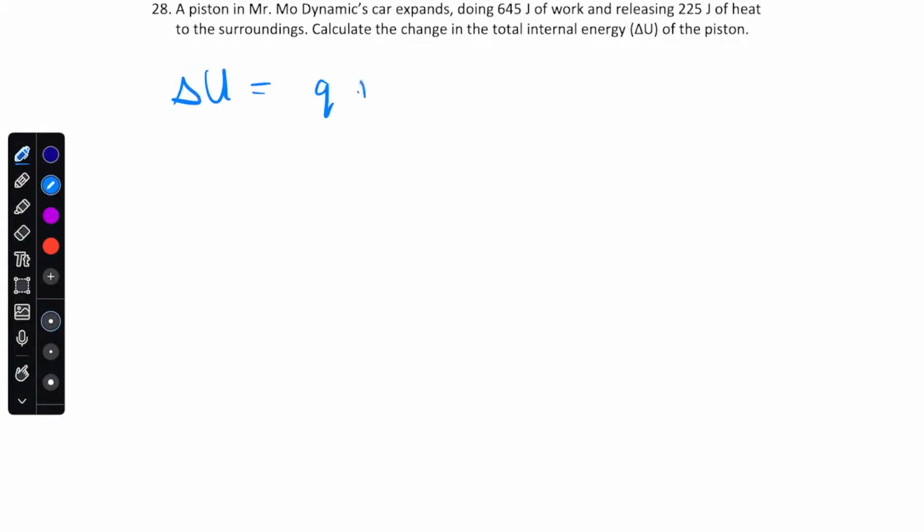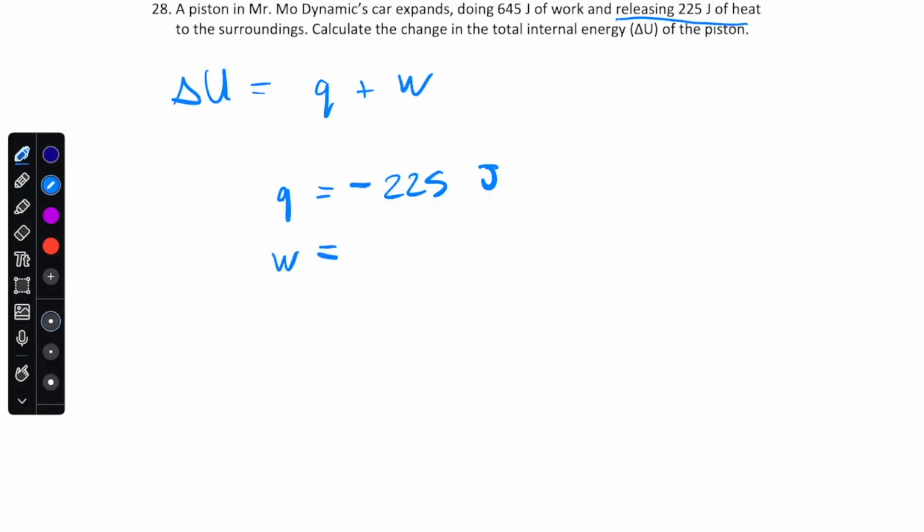That's just Q plus W. The whole trick here is identifying the correct sign for each of those two. So Q, we're going to say, is the heat, 225. It's negative if the system releases heat, and it's positive if the system absorbs heat. In this case, it's releasing heat to the surroundings, so it's exothermic, so it's a negative number.